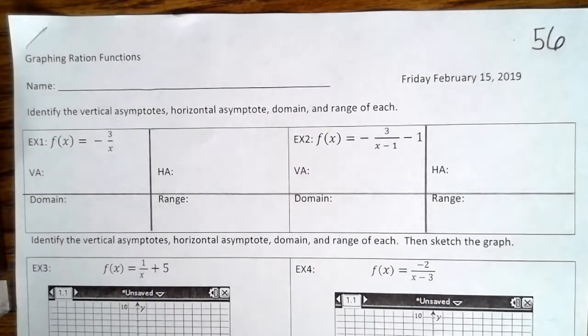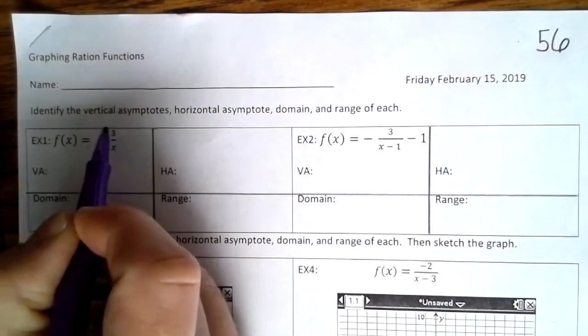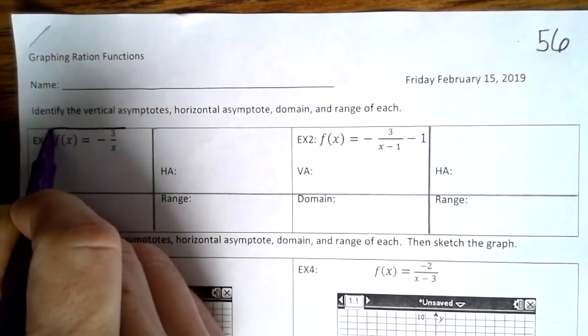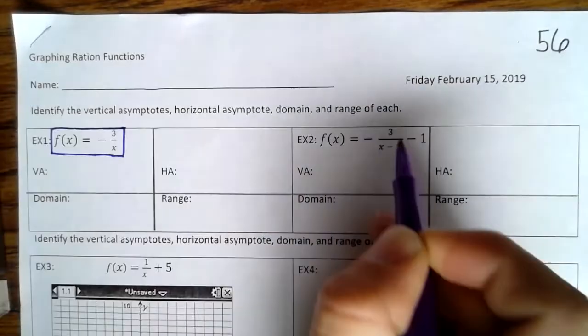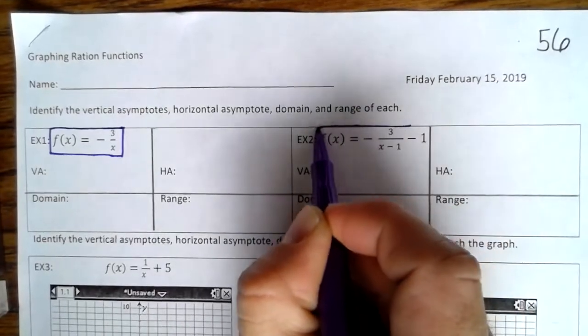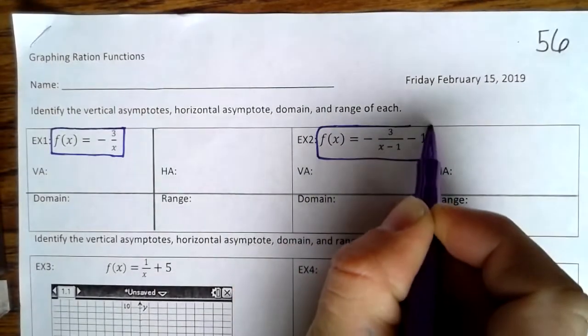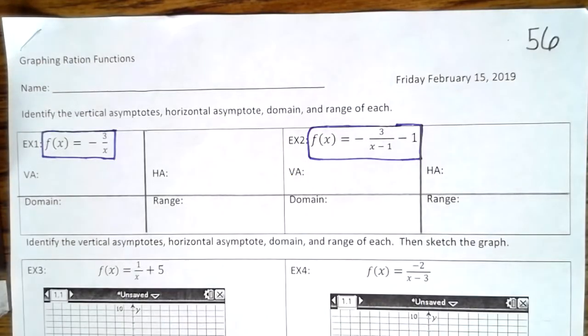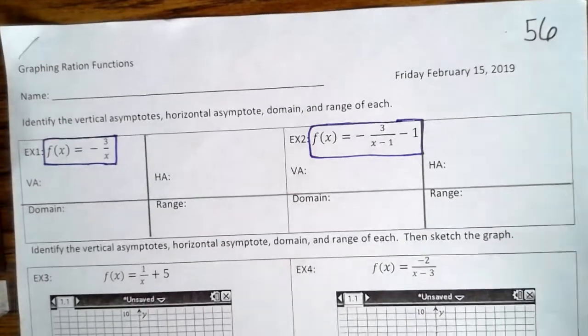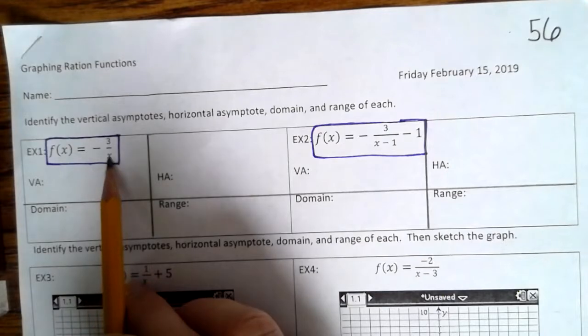All right, so again, I'm going to do the functions in purple. Now, to find the vertical asymptote, it's when x equals 0, okay?